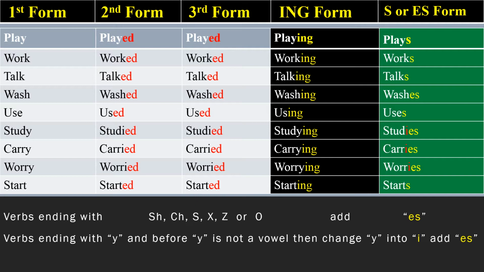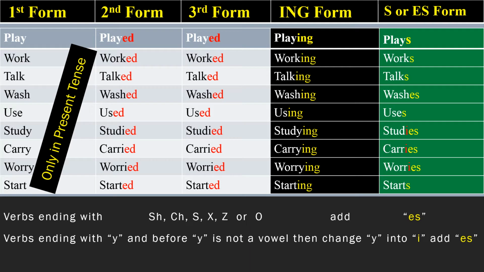Now another important thing, that is that when we talk about first form, it is used only in present tense. It means that we can use this first form in present tense only. We cannot use this in past tense, we cannot use it in future tense, but we can use this in present tense only.